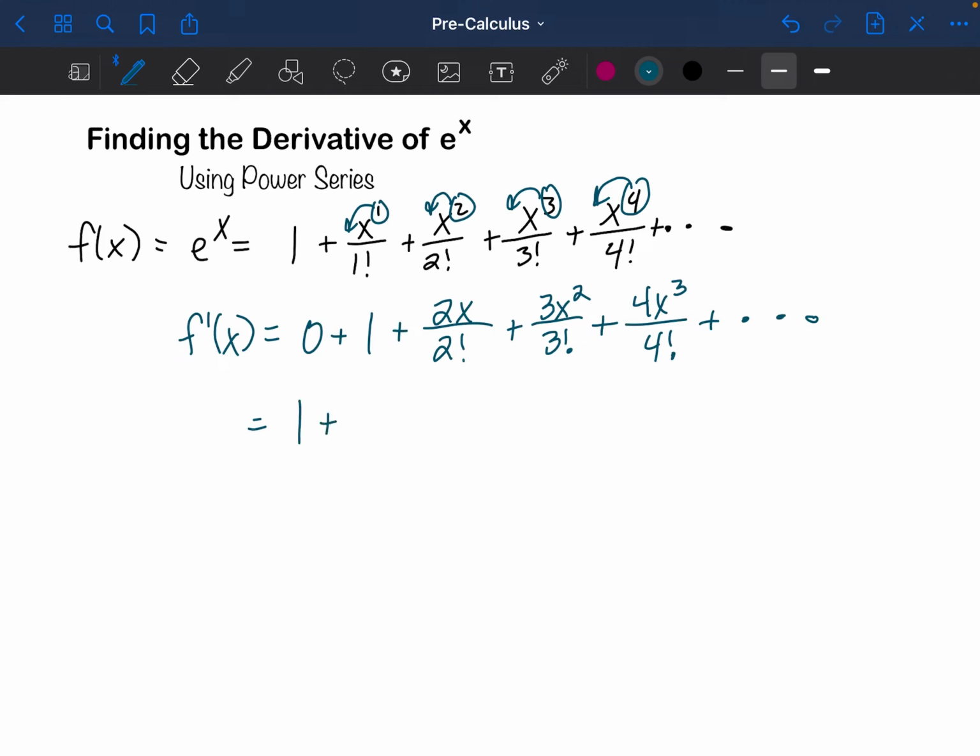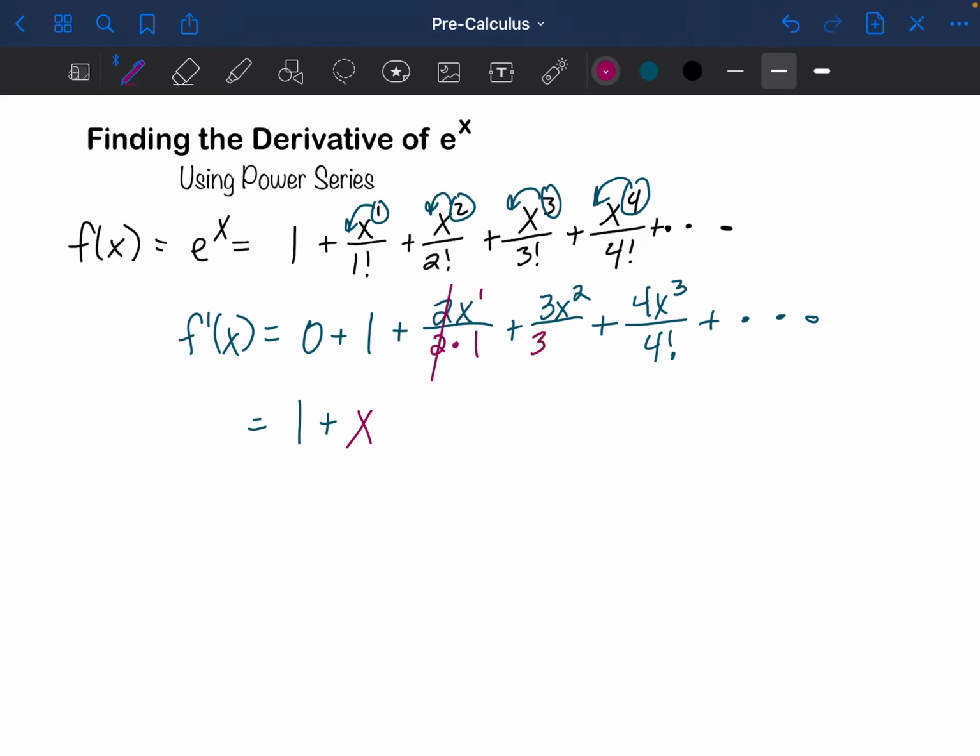0 goes away. 1 plus, well, when we're looking at 2 factorial, that's the same thing as having 2 times 1 in the denominator. So then the 2's would cancel, and I'm just left with x to the first over 1 factorial, which is just 1. Well, same thing's going to happen here.